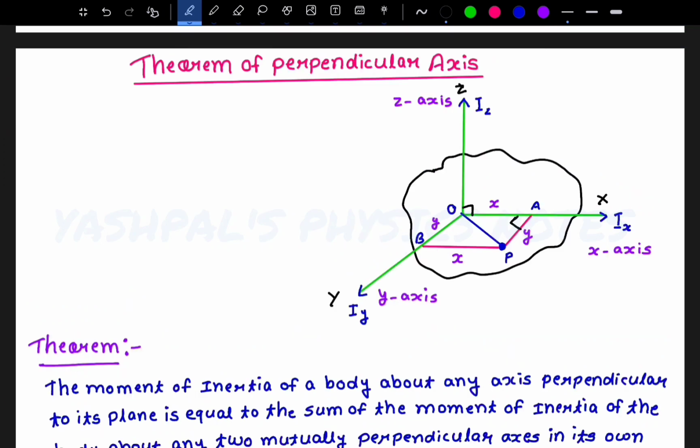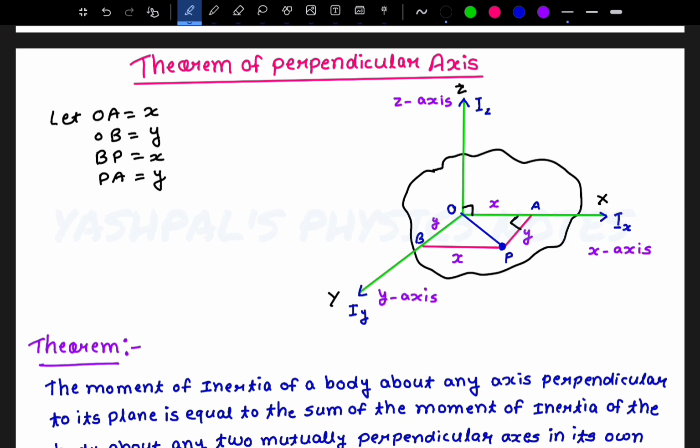So in this figure, let the distance OA be x, distance OB be y, distance BP be x, and distance PA be y.